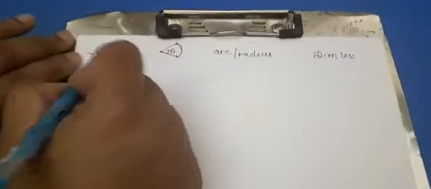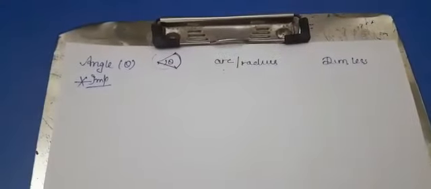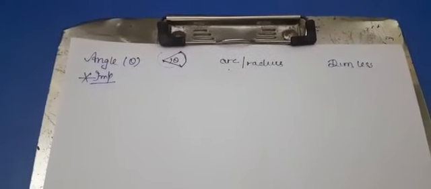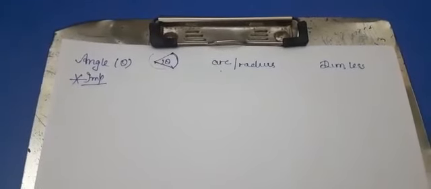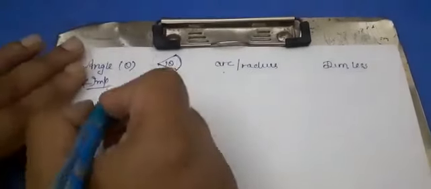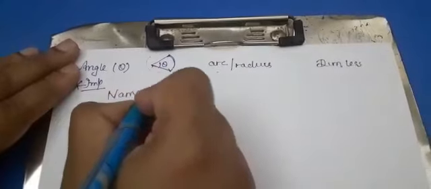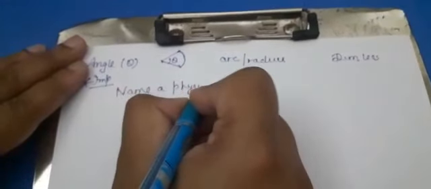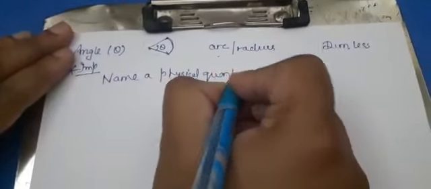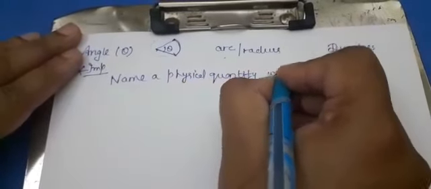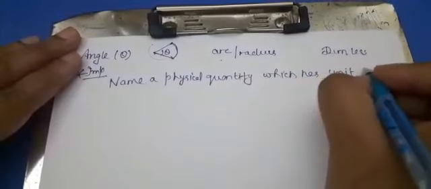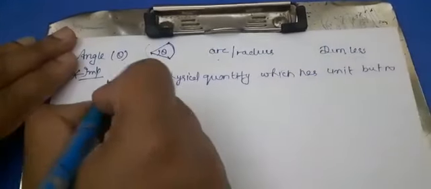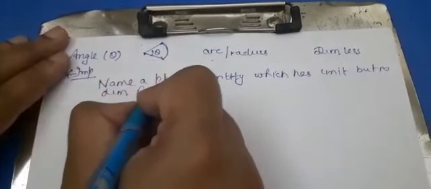Now, very important point I have to tell you about it. Angle is a physical quantity which is dimensionless but having unit. There can be a question: name a physical quantity which has unit but no dimension formula.